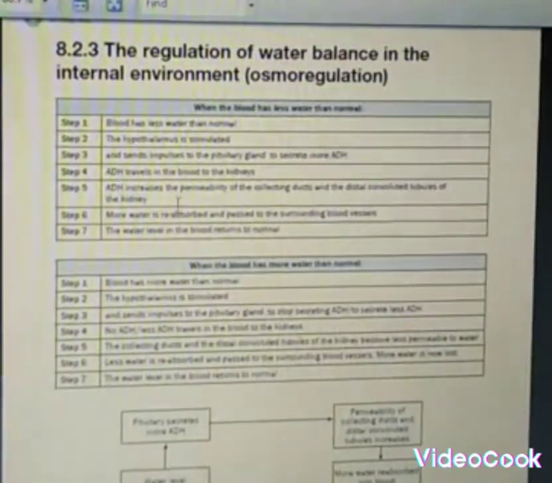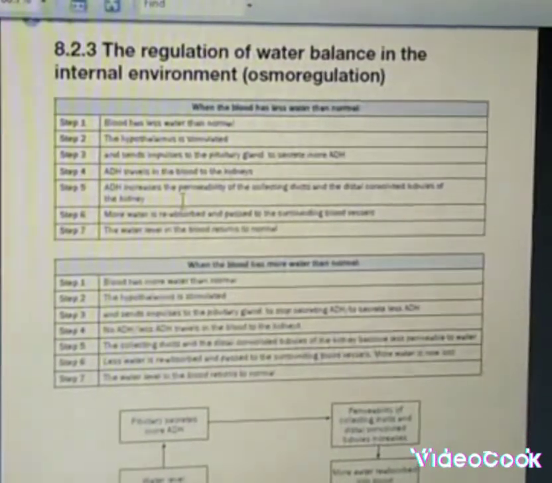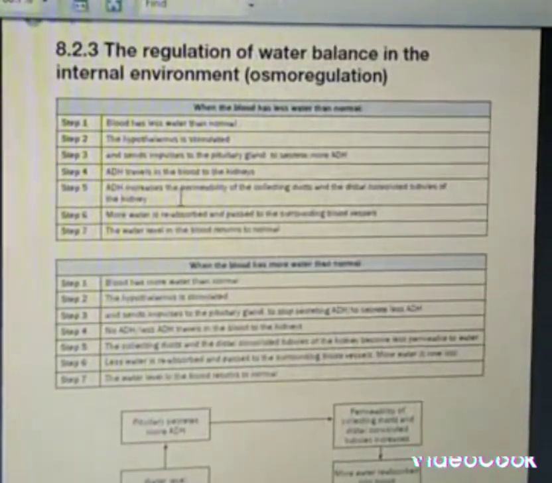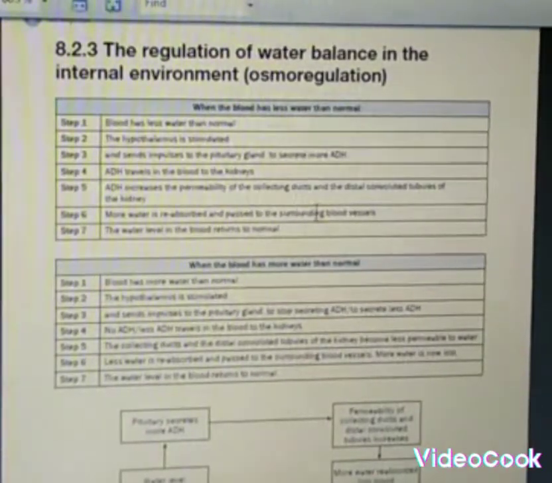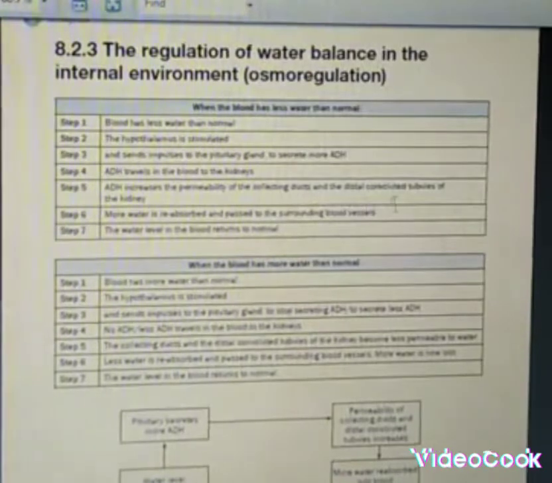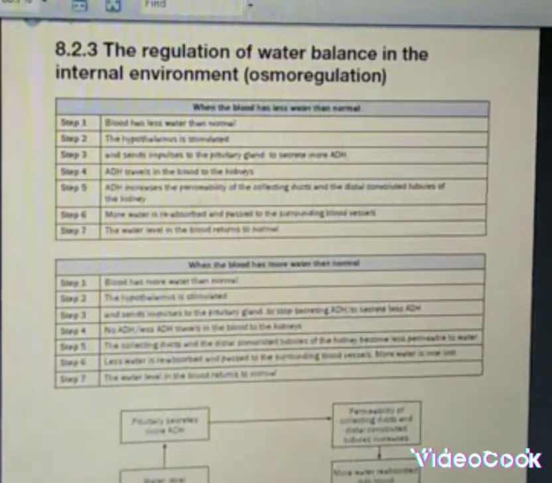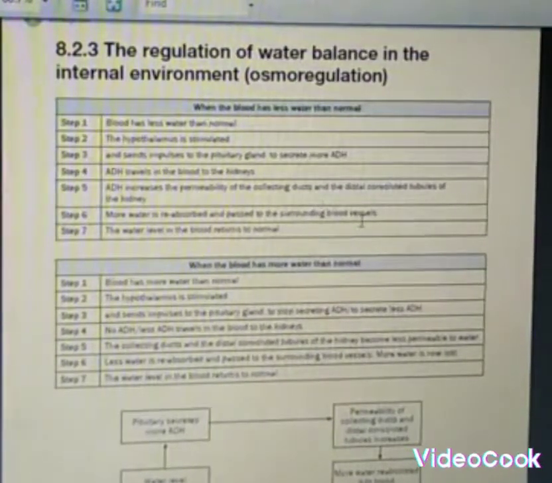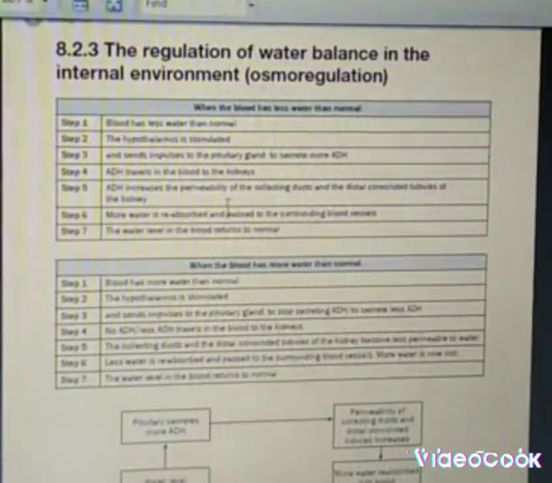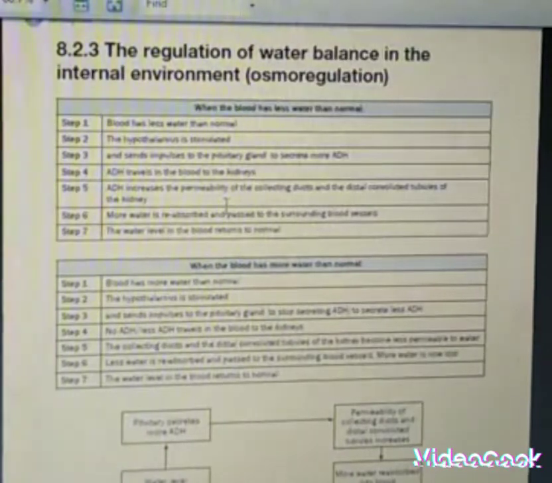When it reaches the kidneys, the ADH increases the permeability of the collecting ducts and the distal convoluted tubules of the kidneys, meaning it's going to make these CD and DCT tubules allow water to enter, to allow water to be reabsorbed.